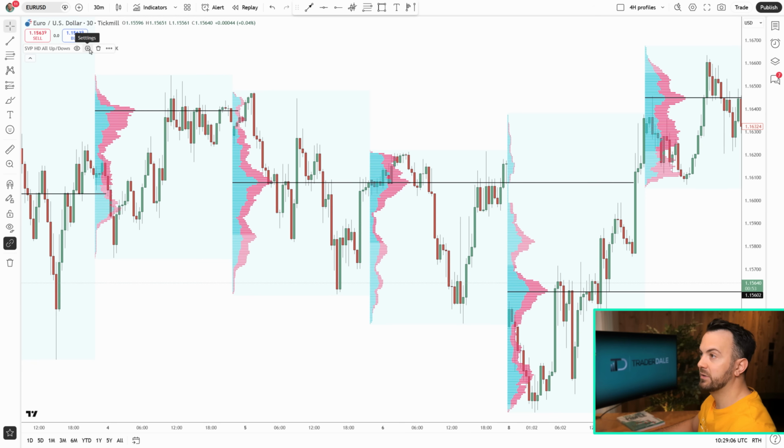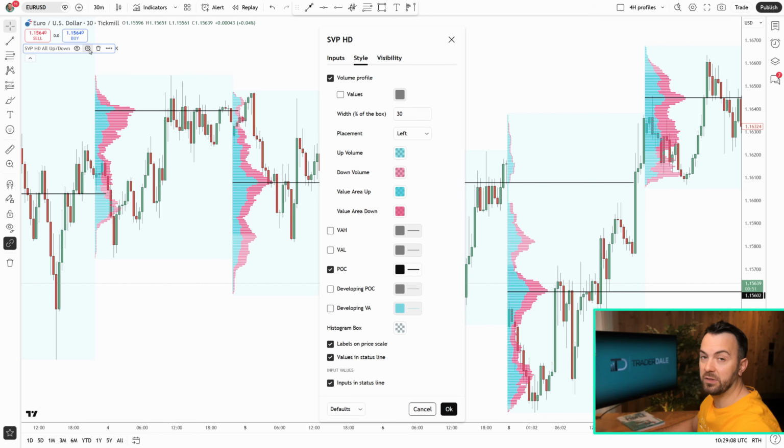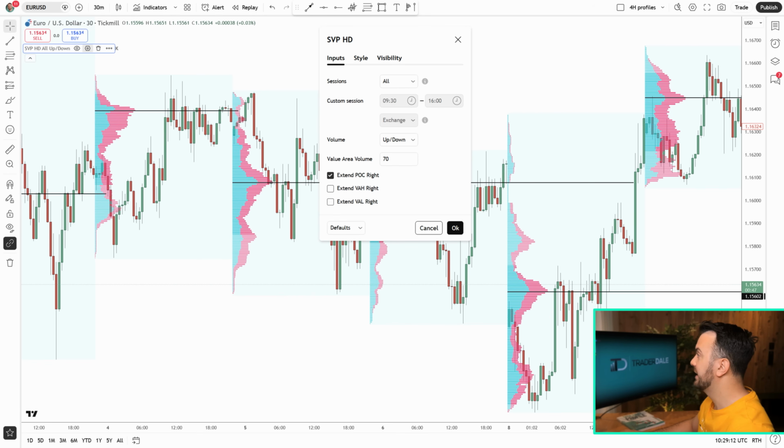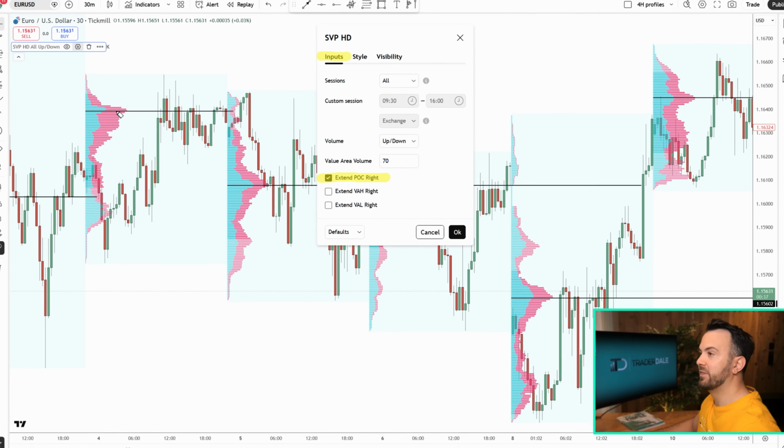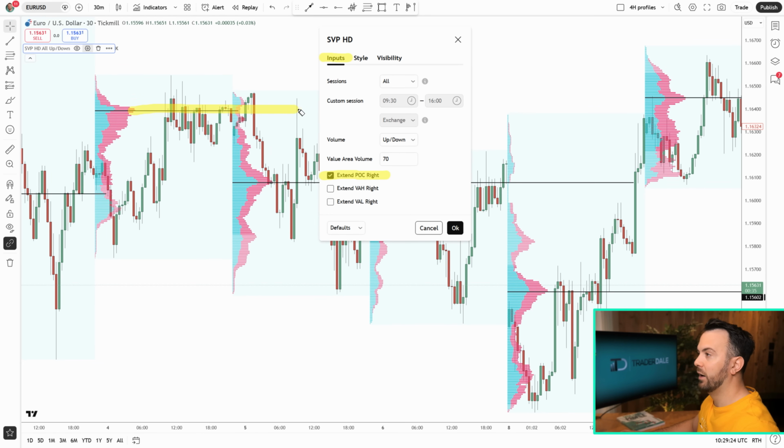So what you want to do is go to settings, and there are two things that you want to tweak in here. So first, in the input section, you want to select this, extend point of control to the right. That means that the point of control line, which you see here, will be extended to the right until it is tested. That's important.